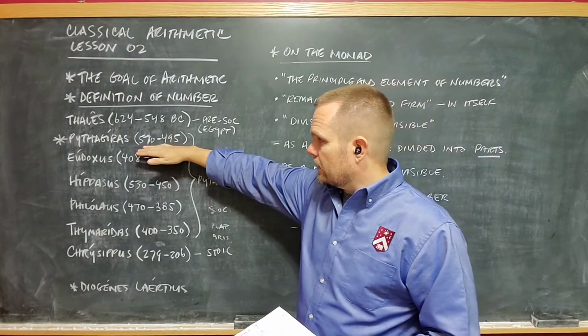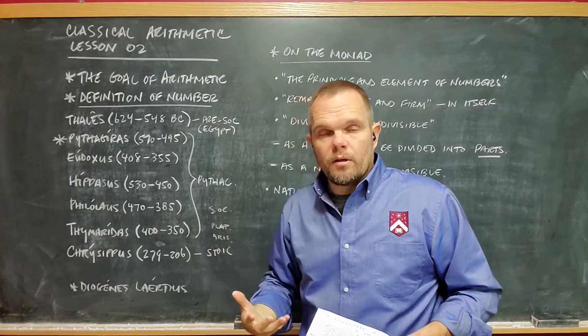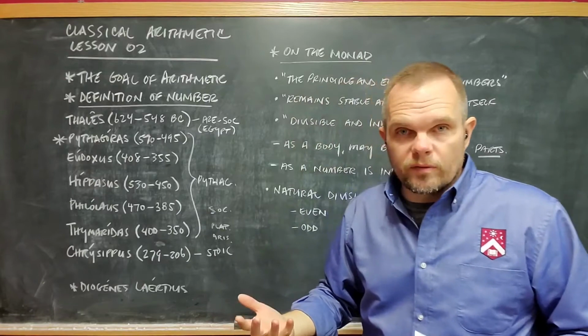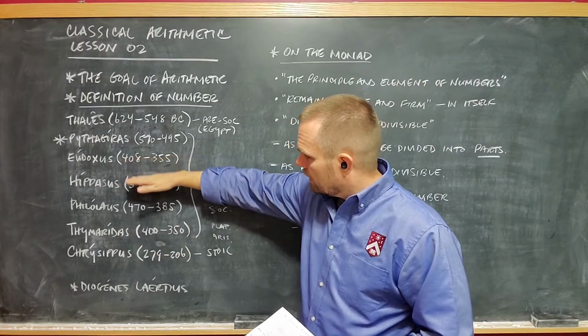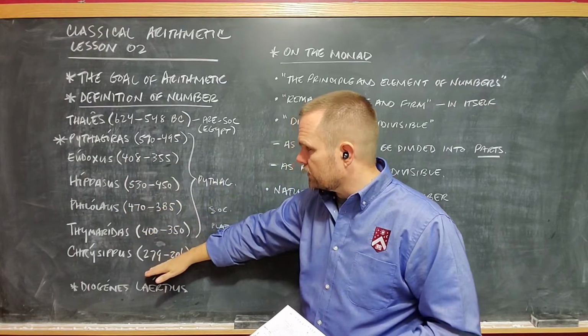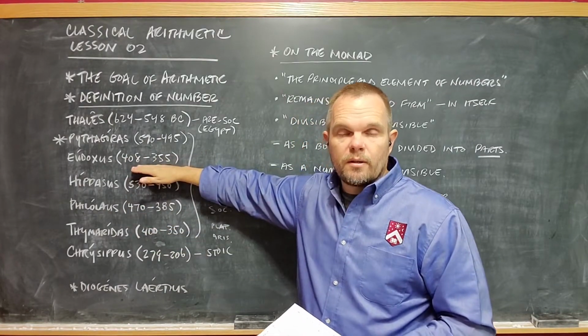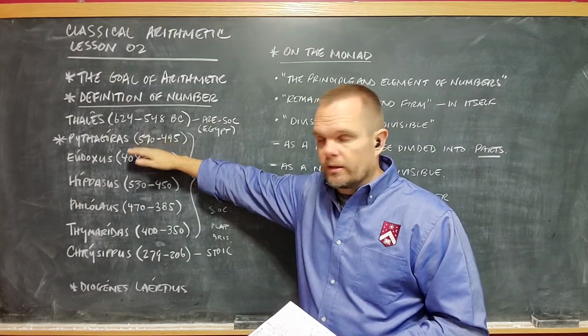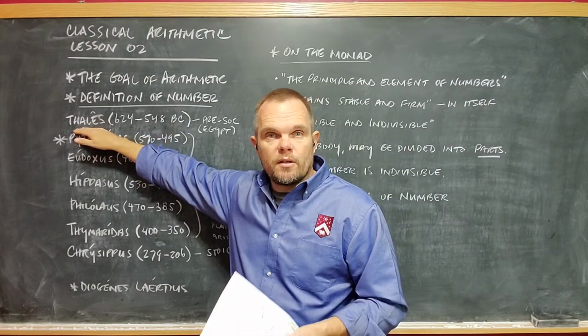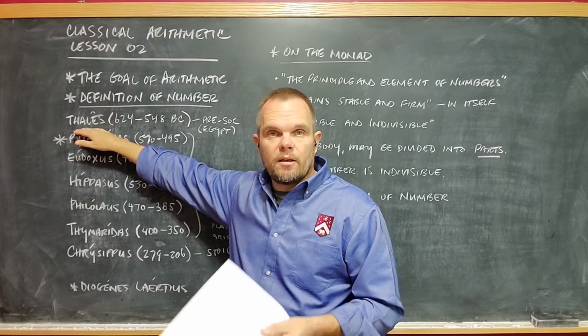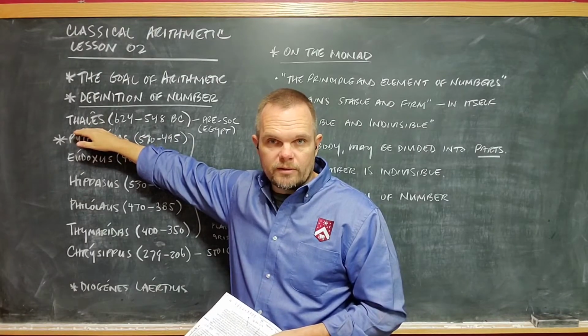Very special man, and he was the founder of what's called Pythagorean philosophy. What all these men have in common, the names below Pythagoras here on this list, is that they're all followers of Pythagoras. Okay, so we basically have Thales, who's the first Greek mathematician with connection to Egyptian philosophy.